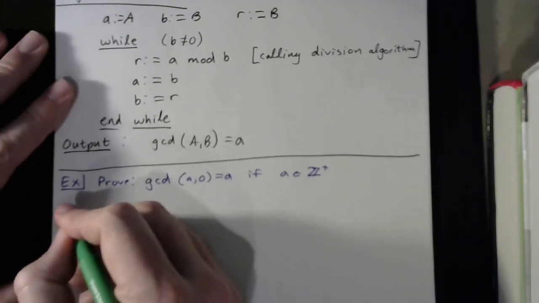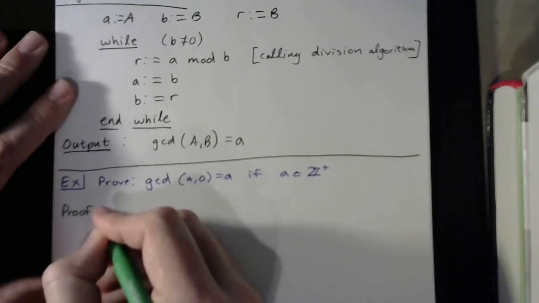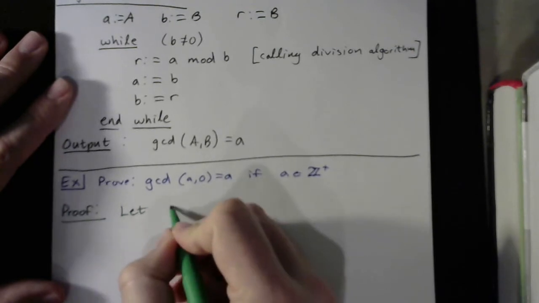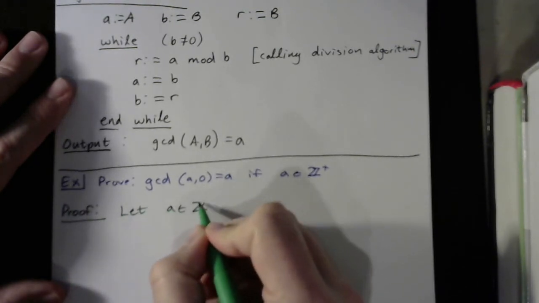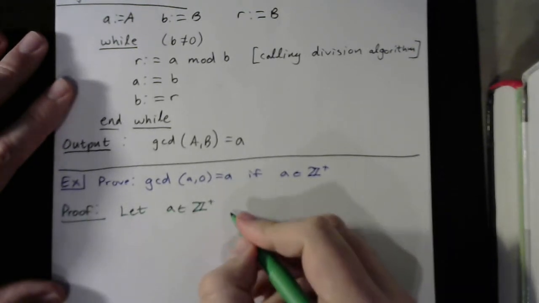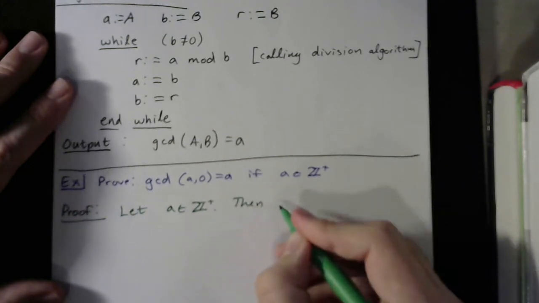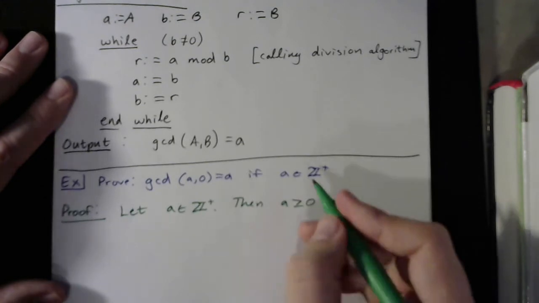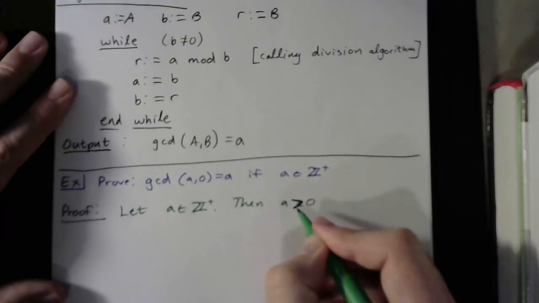Excuse me. So let's take a look at the proof. Hopefully you are pausing the video right now to try it on your own. So we're going to let A be a positive integer. So that means that A is greater than or equal to 0, or strictly greater than 0.